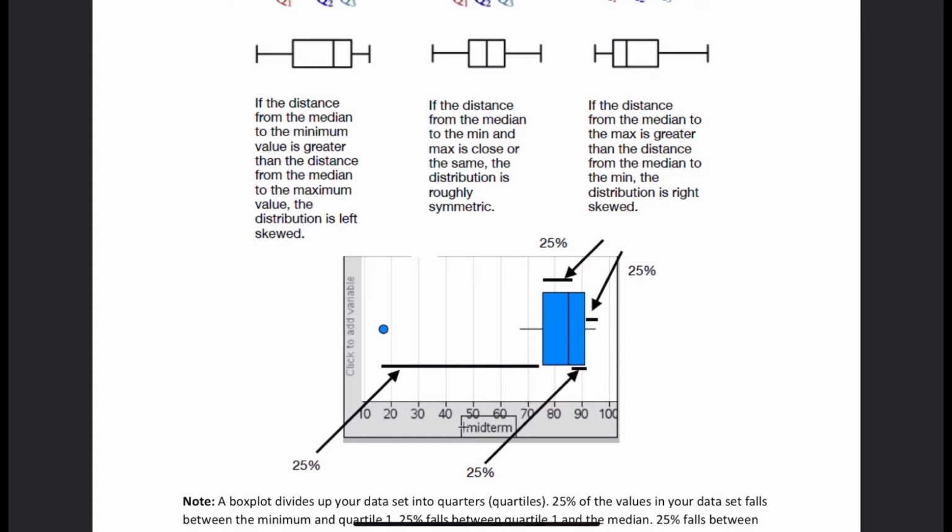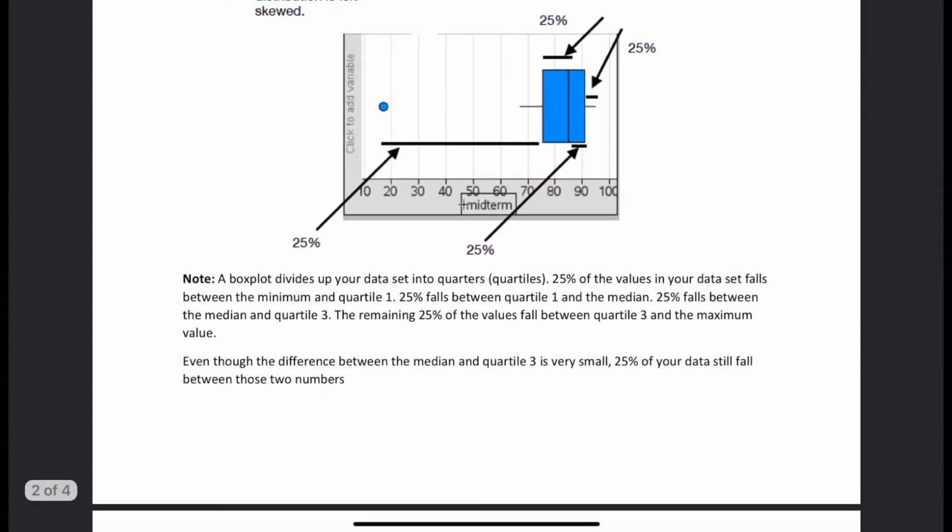So it's sort of chunking it into quarters, like it says here in this note, that 25% of the data falls in between the minimum and Q1, 25% between Q1 and the median, 25% between the median and Q3, and the last 25% between Q3 and the maximum. So even though the difference between, in this particular graph, the median and Q3 is very small, it's still 25% of the data that still falls between those numbers. So just be careful with that little deceiving error there.